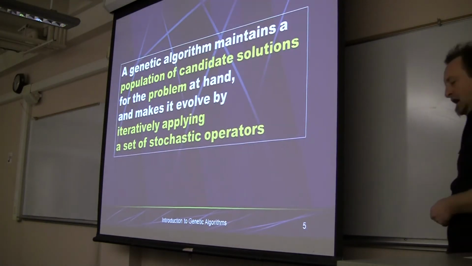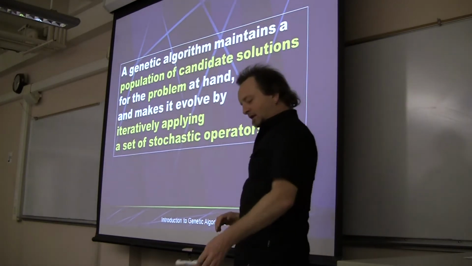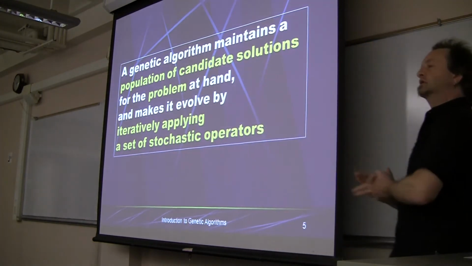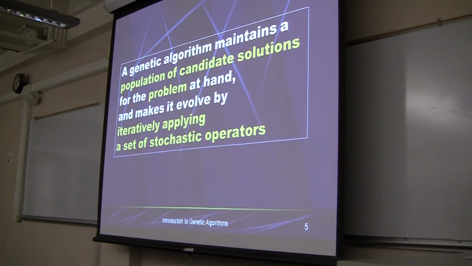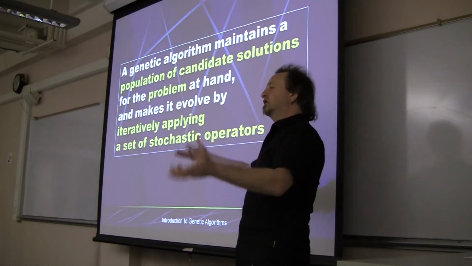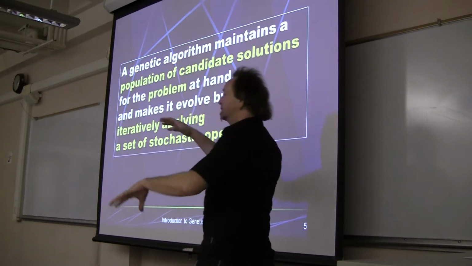So, how do they work? The way it works is we think about evolution. You have a whole population of animals, some of which are stronger, fitter, better in some way, and some of which are weaker.